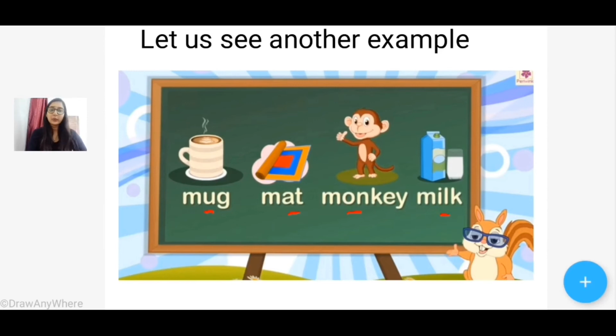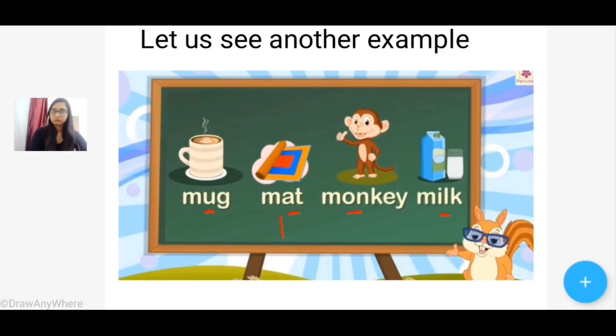Now again we will put numbers for our understanding so that we can sort them easily. A, do we have second letter A? Yes, we do. So mat will be first.